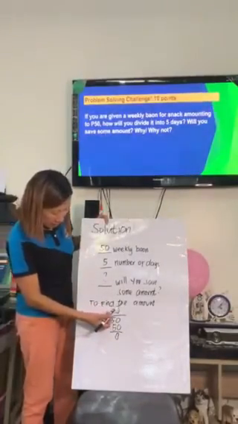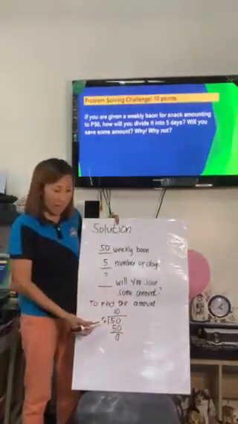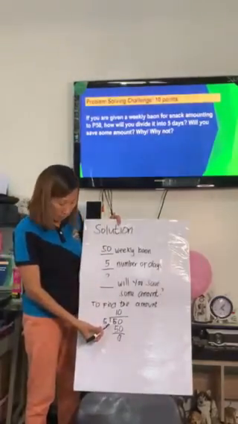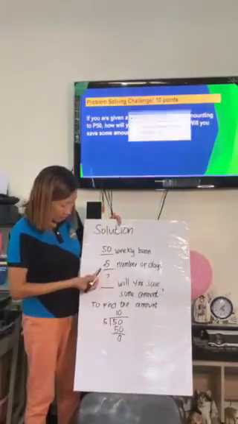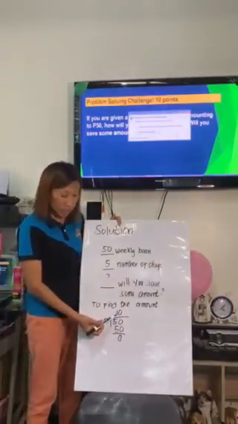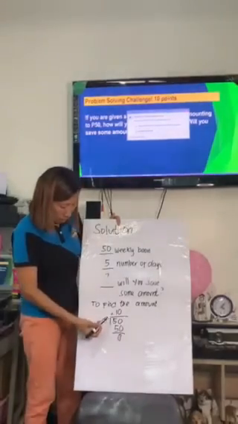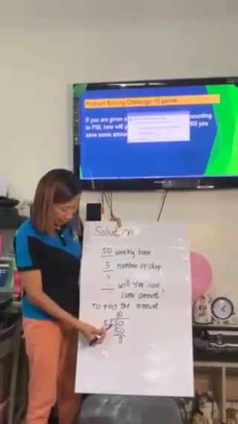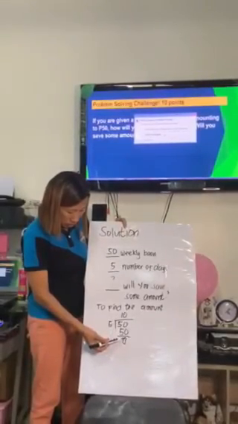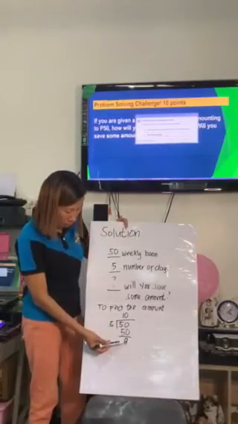To find the amount, we have to divide. 50 pesos divided by 5 days, the answer will be 10. Multiply the 5 and 10 equals 50. So the remainder will be 0.